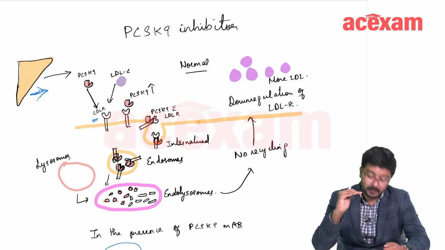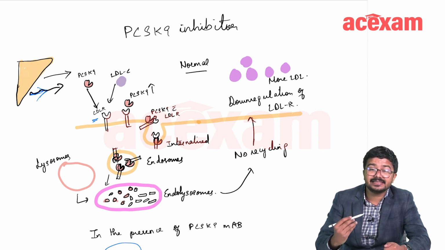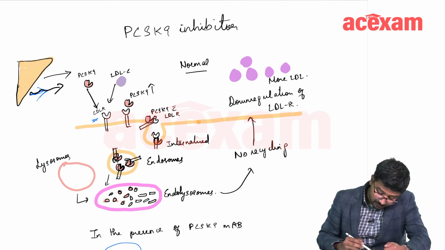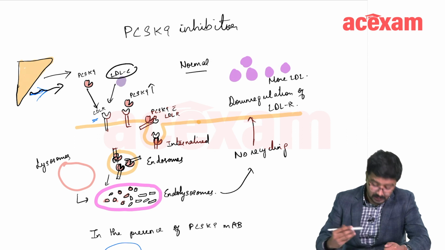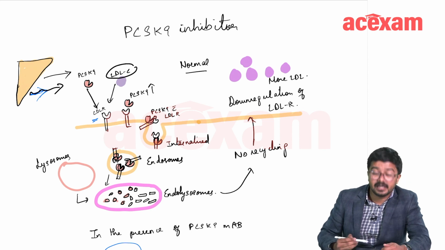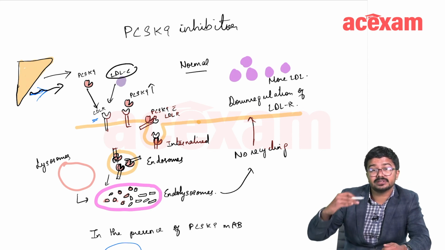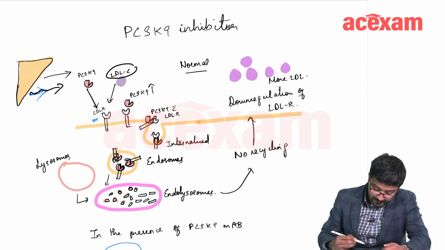PCSK9 is a normal protein produced from the liver. Now this PCSK9 competes with the normal LDL to get attached to the LDL receptor, right? As it competes, it generally wins because its affinity to the LDL receptor is more than that of LDL itself.